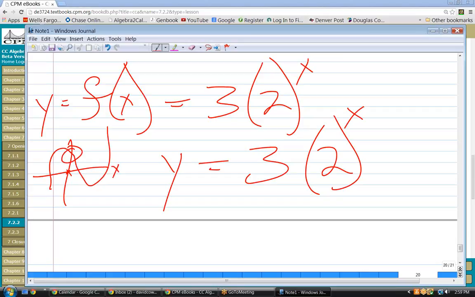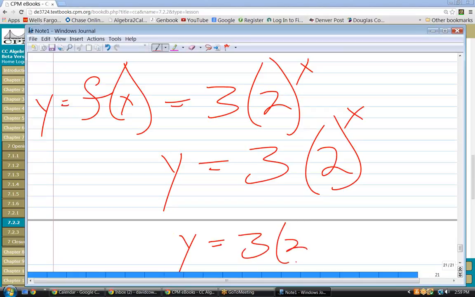Right? My x-intercept is where my y value is 0. Always remember those two things. That's what x-intercept and y-intercept means. So if I want to figure out what my y-intercept is here, what am I going to let x equal to? Zero.